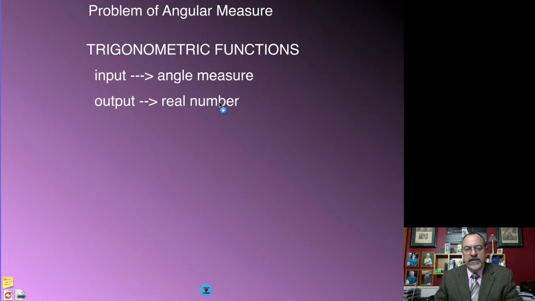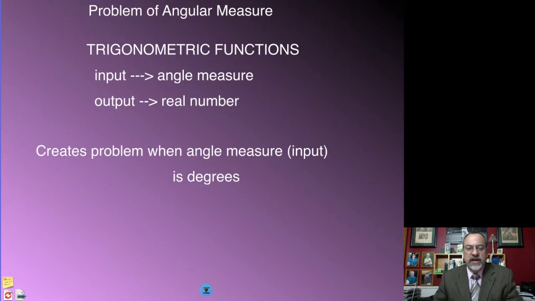The problem is that there is no connection between the units that you put in and the units that you get out. Meaning, you're putting in an angle measure, which is a degree unit, and the number you get out is just a number. It has no connection to the degrees. The number that you get out is not a degree measurement.